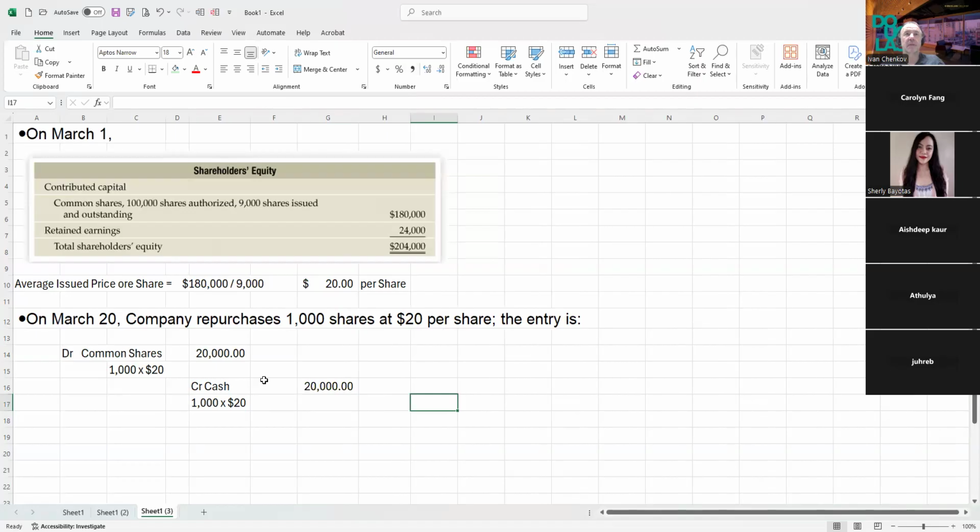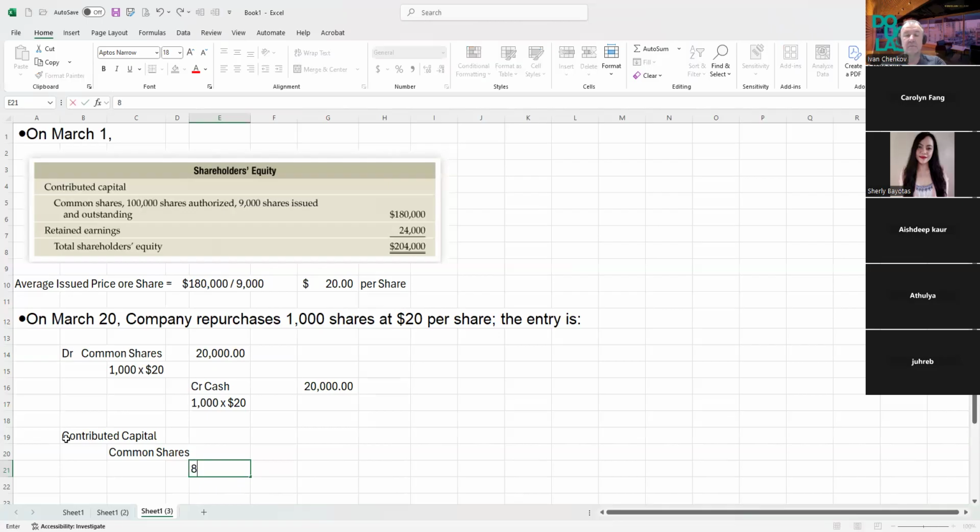No, right? So what's happened now with our shareholders' equity? What do we have now? We have contributed capital, which constitutes common shares. How many common shares do we have outstanding now? 8,000.